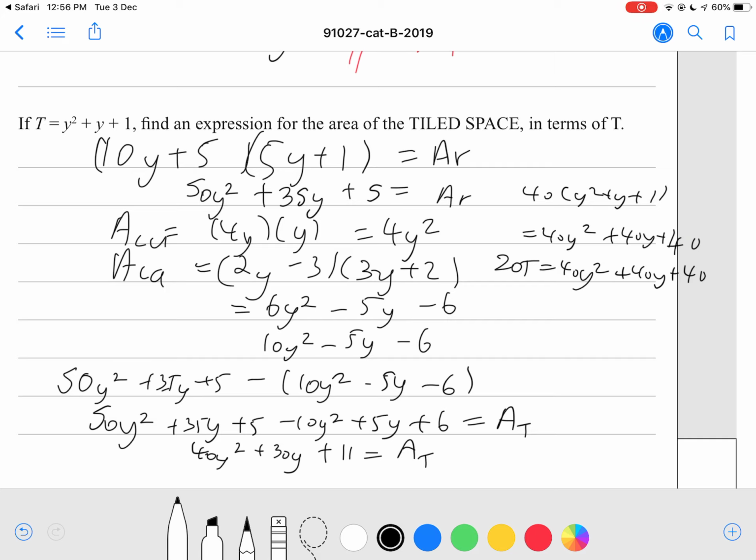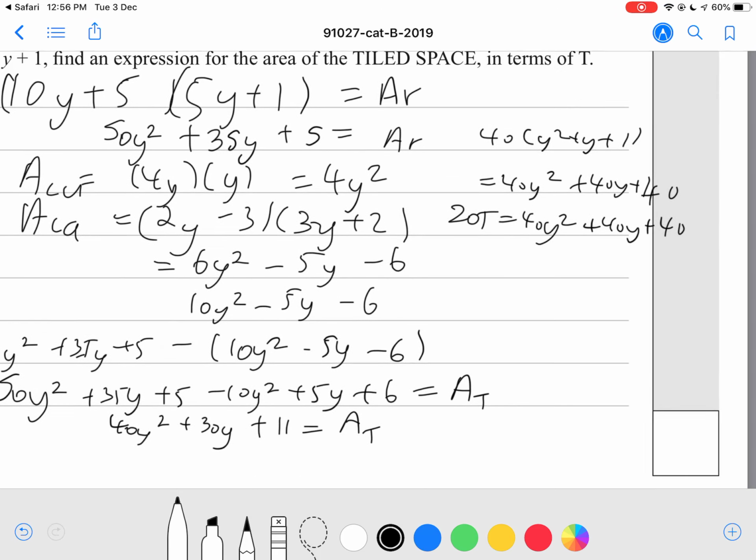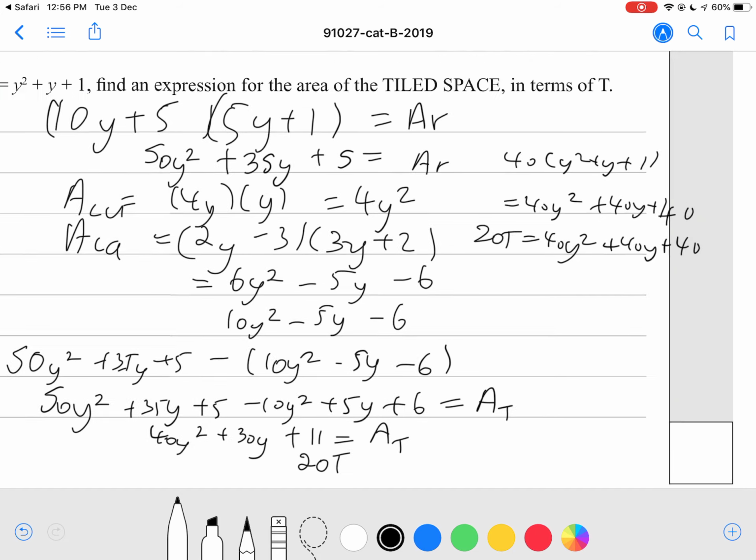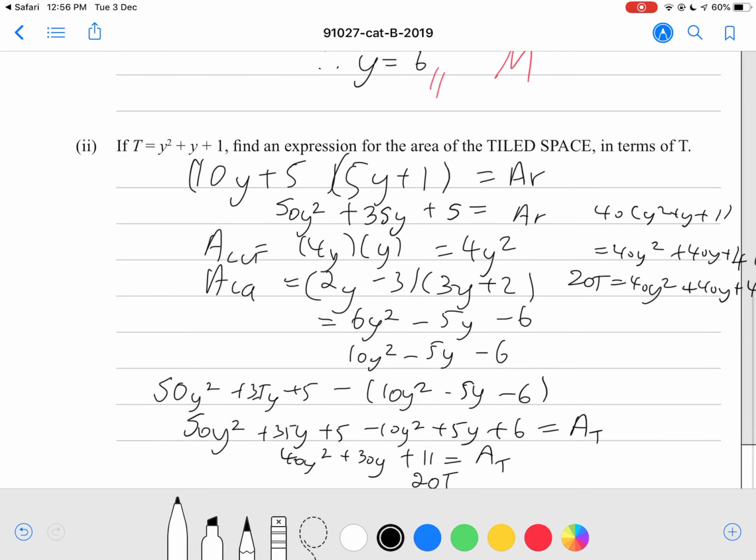Okay, so we're definitely going to have 20t something. 20t. And we still need, and that's a difference of 10y plus 29. 10y plus 29.